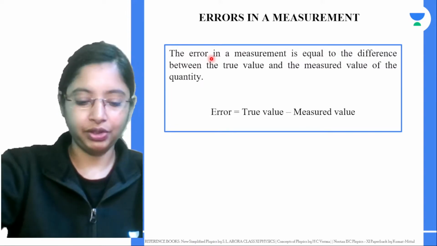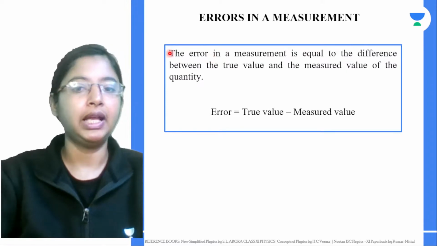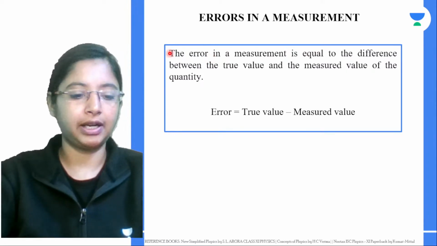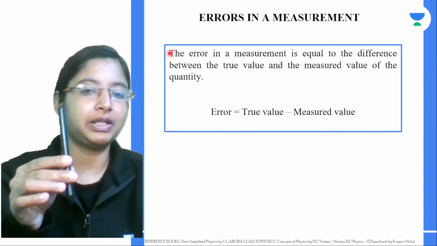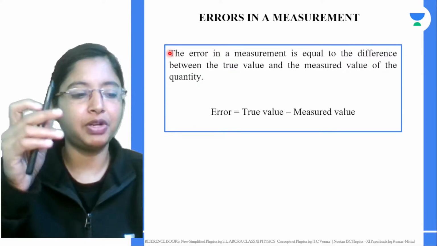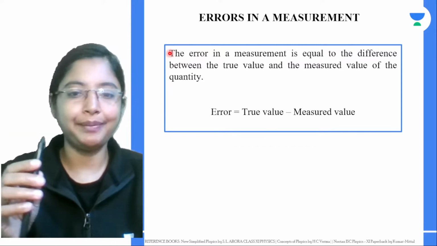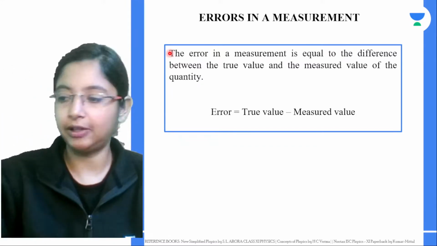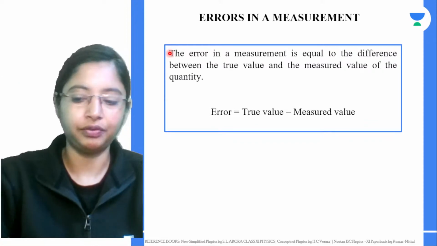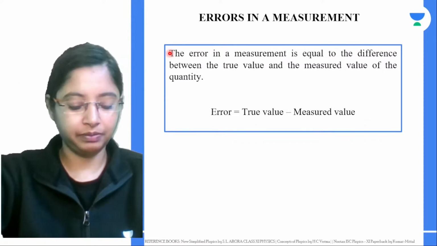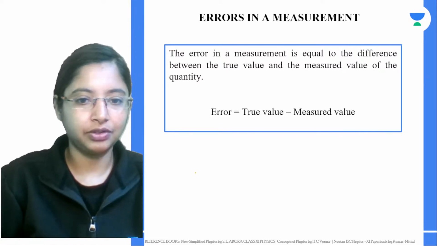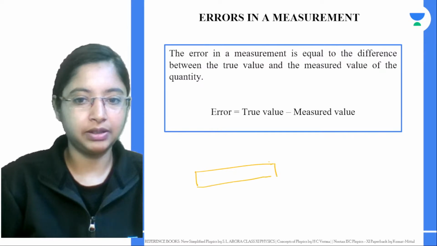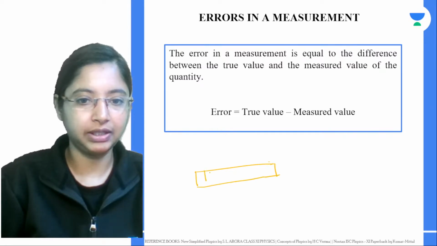Okay, so let's say you're finding the length of this particular pen. Let's say the pen's actual measurement is 13.5. But when you're measuring with a scale, by mistake you did not start from the 0 marking of the scale. There is a part of the scale that is left blank, and after that the division starts.